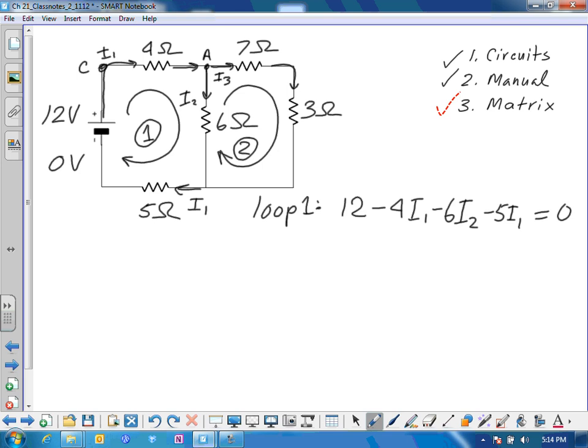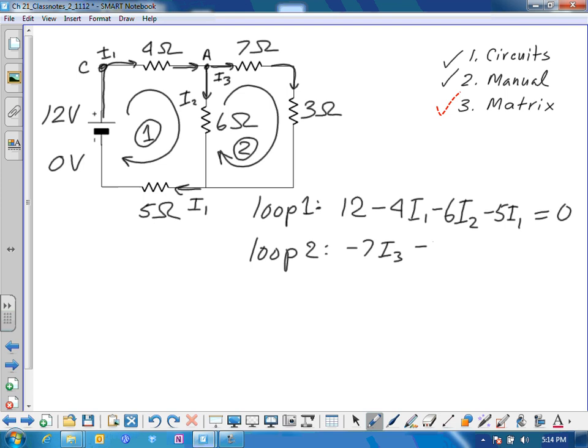For loop 2, we're going to apply Kirchhoff's rules again, and we'll start at the top, up where A is. We have I3 going across the 7 ohm resistor, so we have a minus 7 I3 drop across there. I3 continues past the 3 ohm, minus 3 I3.